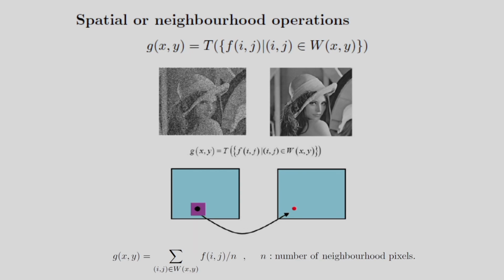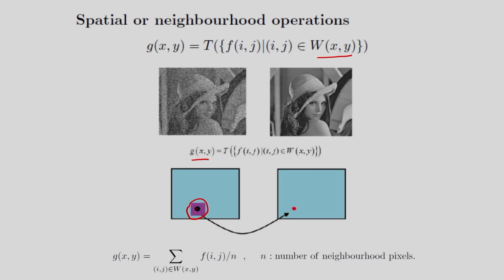And in this case I am showing some neighborhood operation, that is the spatial or the neighborhood operations. So for this I am considering one window. The window is given by w(x,y). And I have the output image. The output image is g(x,y). Then in this case I am considering the neighborhood pixels for the processing. So if you see this window, and corresponding to this center pixel, I am considering the neighborhood pixels, and based on these neighborhood pixels, I can do the processing.